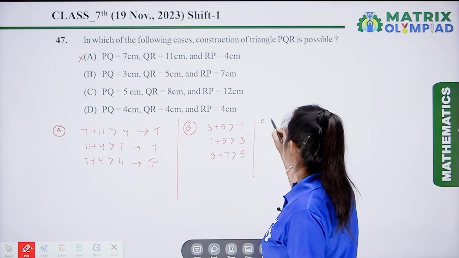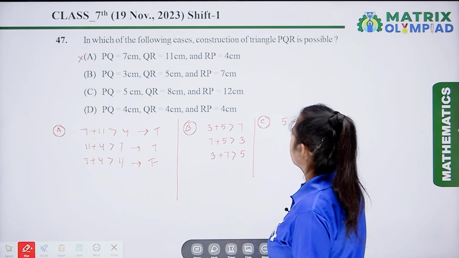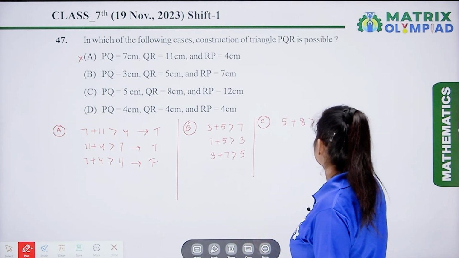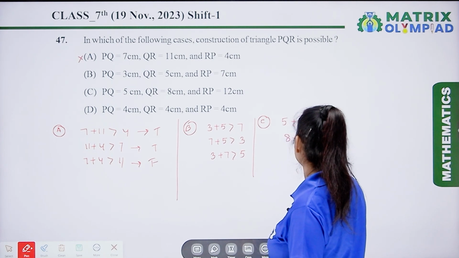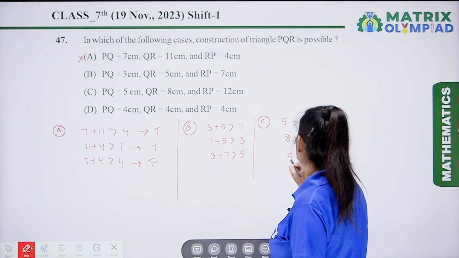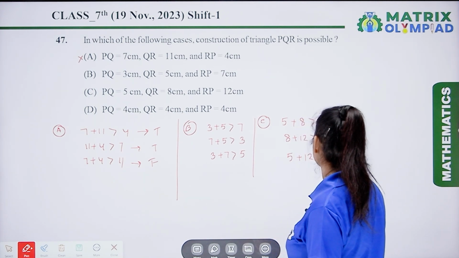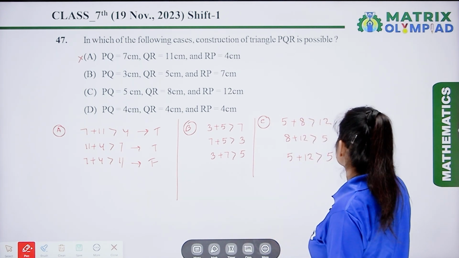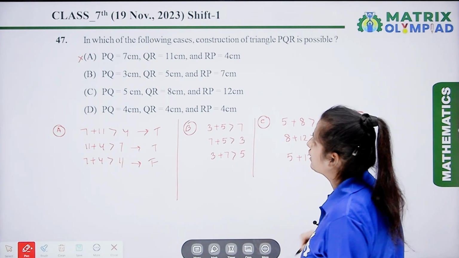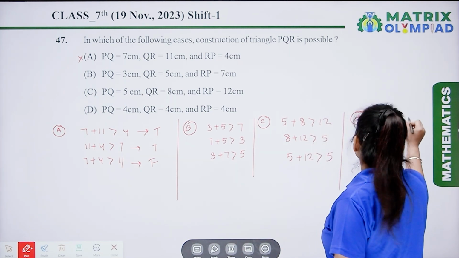Let's check the C part. 5 plus 8 is greater than 12. 8 plus 12 is greater than 5 and 5 plus 12 is greater than 8. This C part is also possible and the last one is 4 plus 4 is greater than 4.